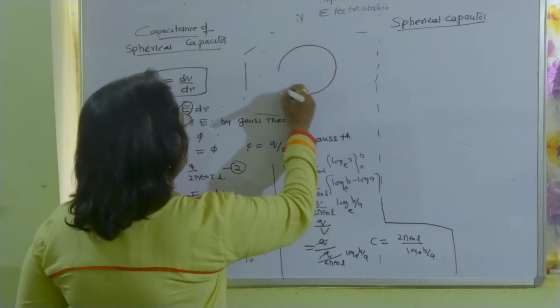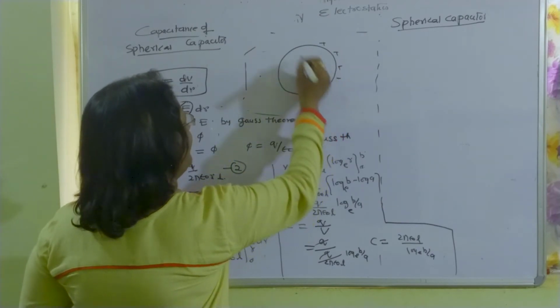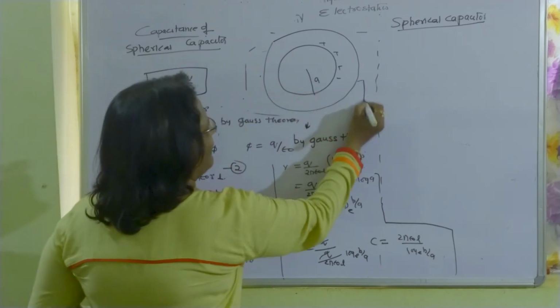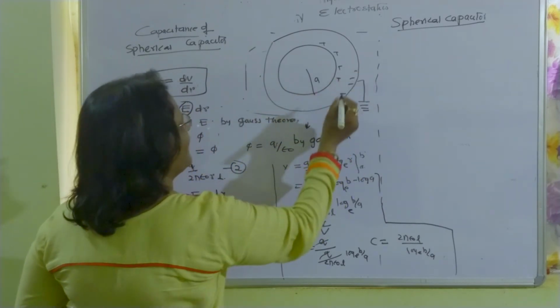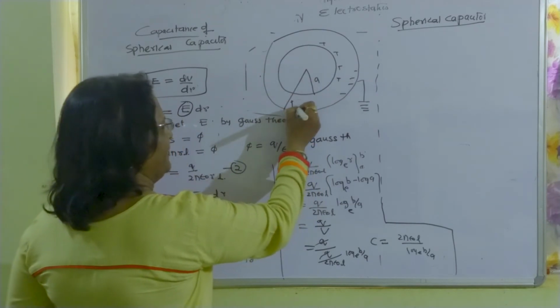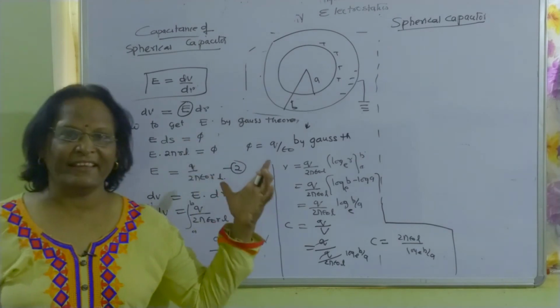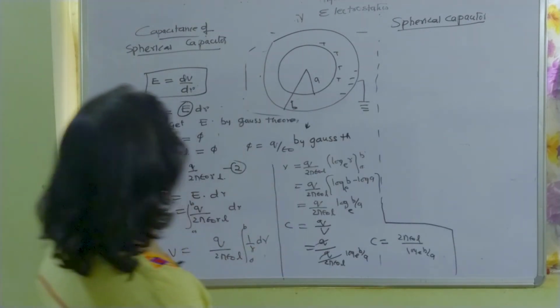Here we are having one plate, that is positive charges are given to it having radius A, and outer plate we are connected to earth similarly, and it is induced with negative charges and the radius is B. Again this is cylindrical. Instead of cylindrical, now we are dealing with the spherical capacitor.